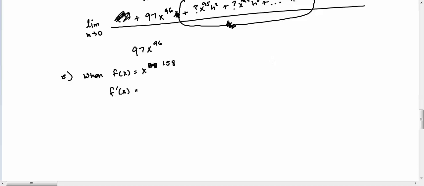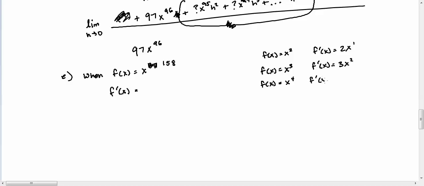Let me recap what we did. If f of x is equal to x squared, then f prime of x was 2x to the first power. If f of x is equal to x cubed, then f prime of x is equal to 3x to the second power. We also did x to the fourth power, then f prime of x is equal to 4x cubed.